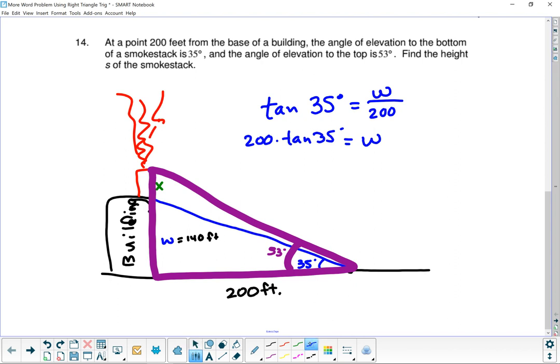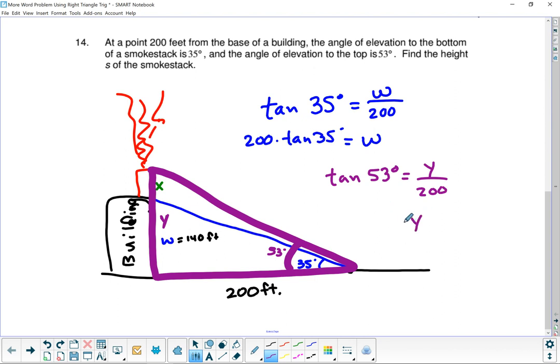It's the same thing again, but this time we have to find y, which is from the bottom of the building to the top of the smokestack, and then we'll have to do a subtraction. So tangent 53 degrees equals the opposite, which is y, over the adjacent, which is 200.